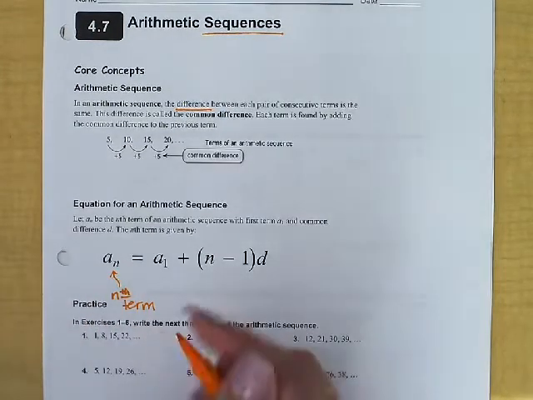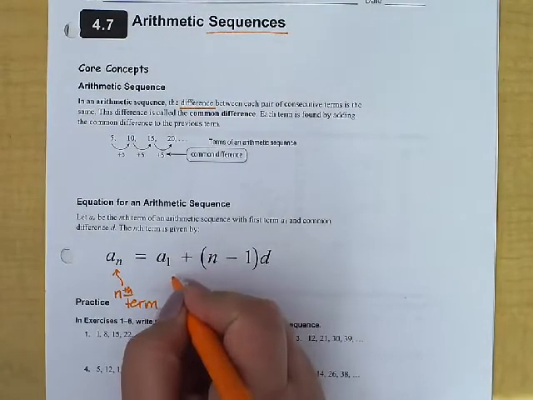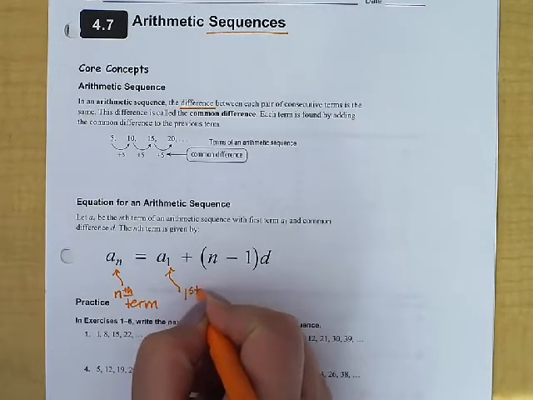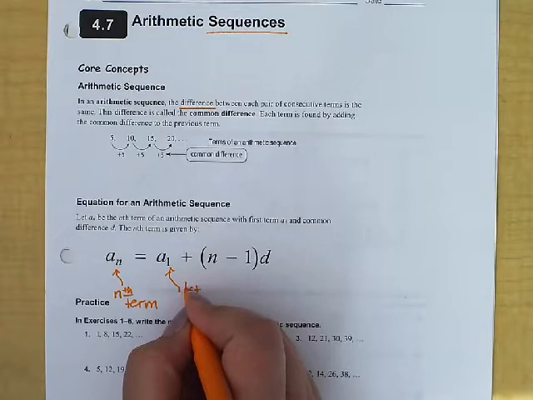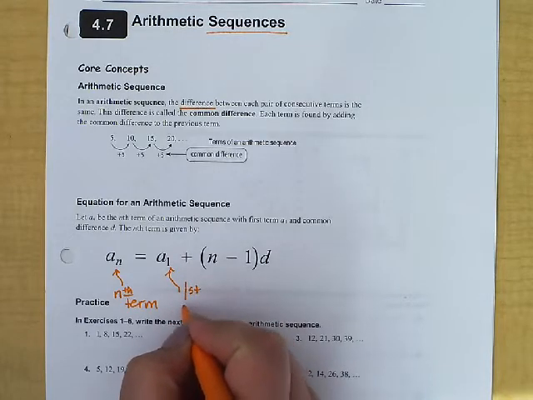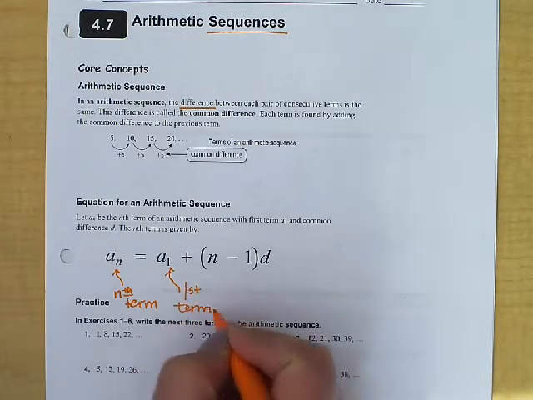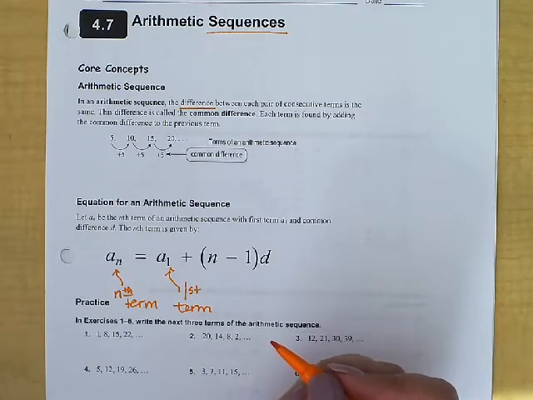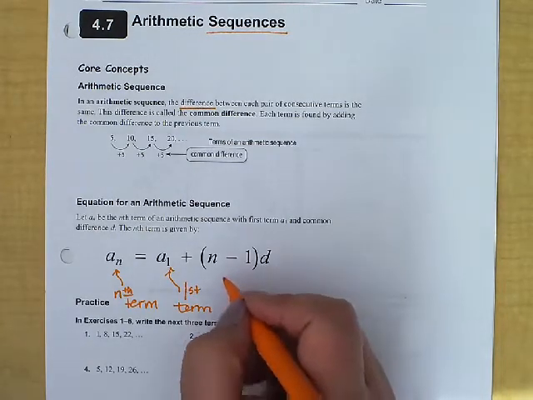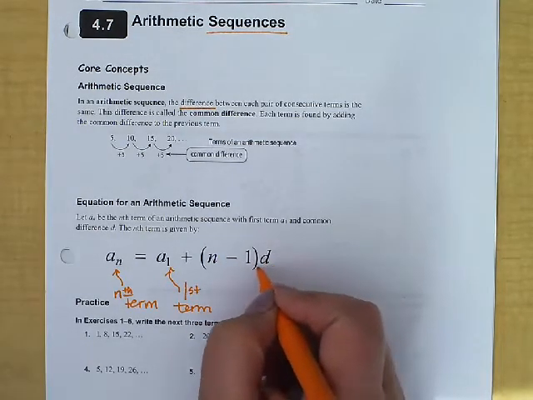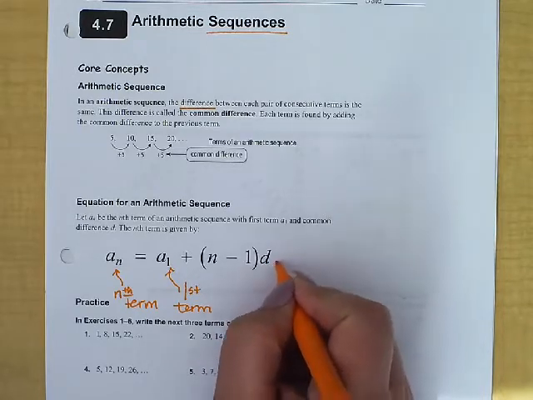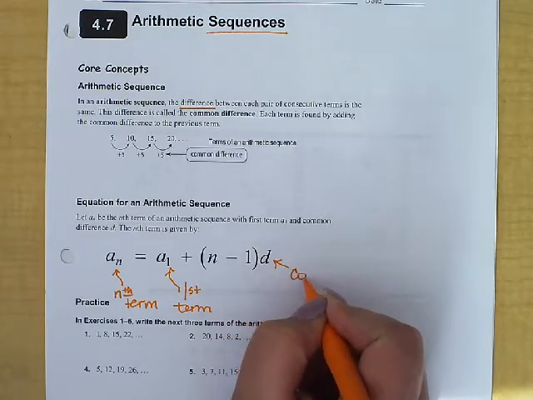So any nth term can always be found as long as you can identify the first term in the sequence, plus the n minus 1 times d, where d is the common difference.